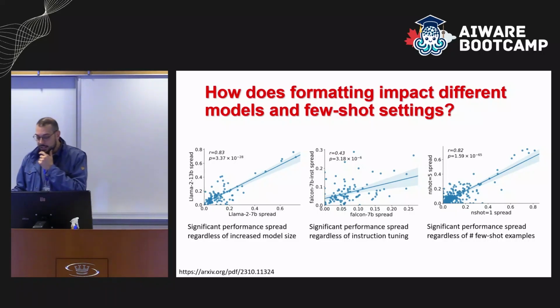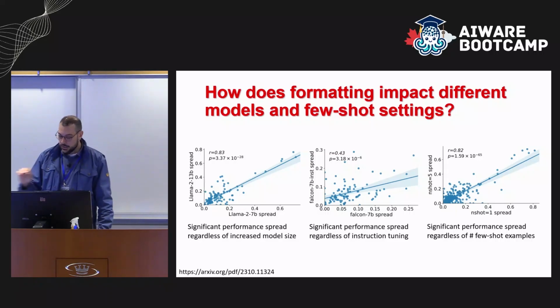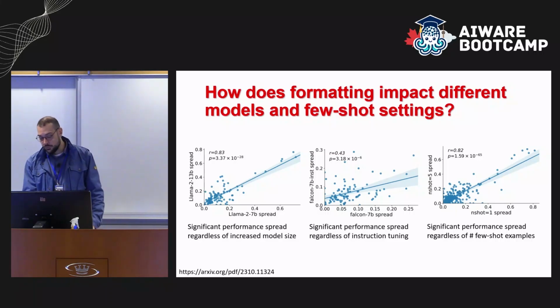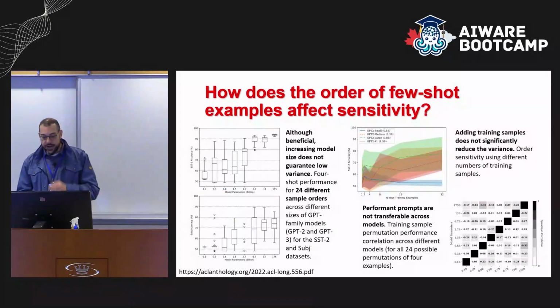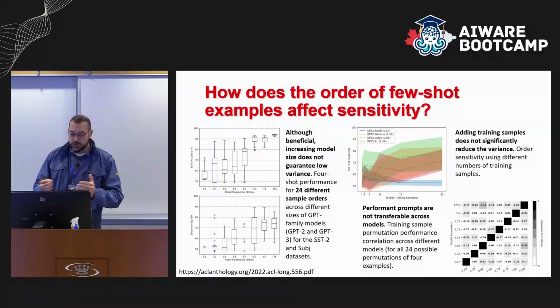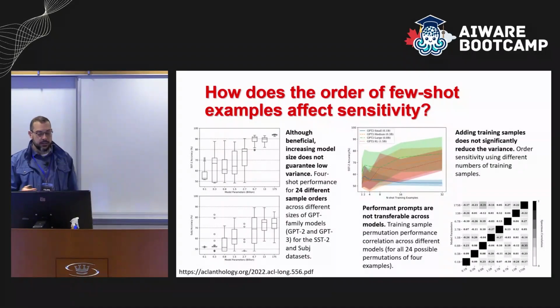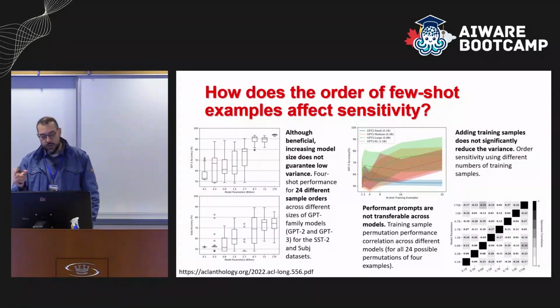And finally, the number of few shot examples. It's also not the same when you vary the number of few shot examples. And finally, I'm showing here that increasing the model size is beneficial in terms of the variation that you see in performance when you change the prompt.